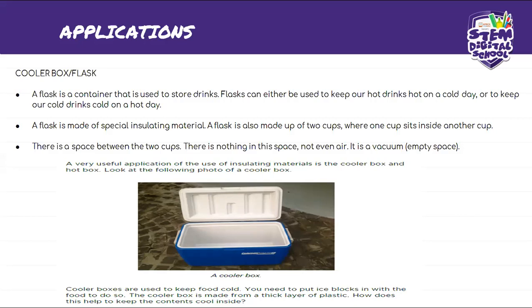Sometimes we need to put ice there, and because of the nature of ice, it keeps the warmth away because the material that you are putting there will become very, very cold or chilled. So if it is a hot day, and you buy some drinks and they are in your cooler box, you just need to add a bit of cold, and then you are fine.